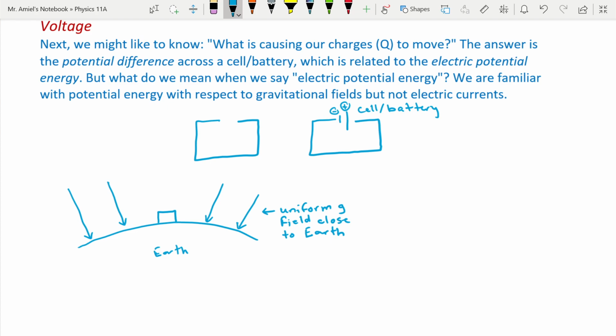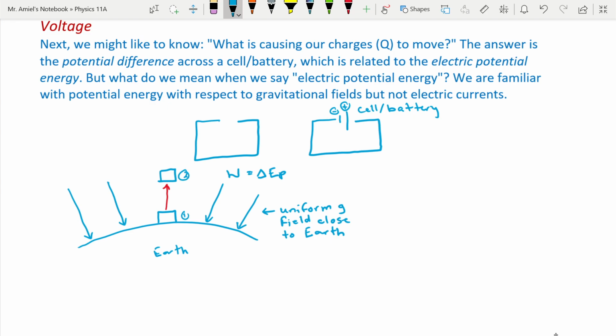And we said to get this object to move against that gravitational field, so to take that object from position 1 down there to position 2 up here, we are going to need to do some amount of work. So we're going to have to do work against the gravitational field, and that means that we are going to have a change in potential energy from point 1 down here to point 2 up here.